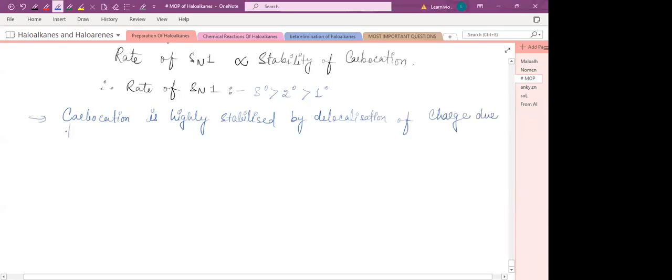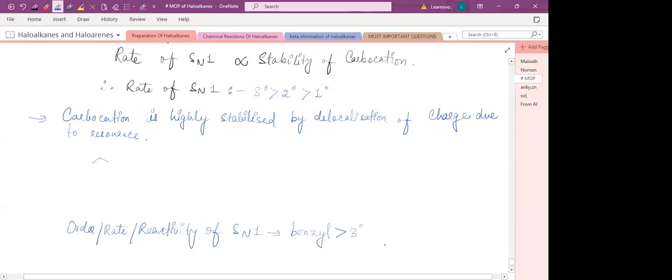Due to the resonance. Suppose I just said what will be the order of rate, or you can say reactivity, of SN1 reaction: it will be highest in benzyl halide.